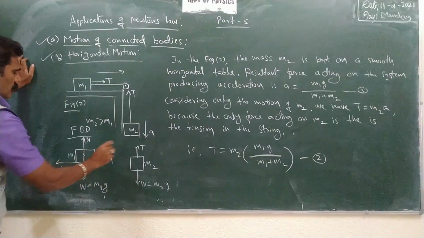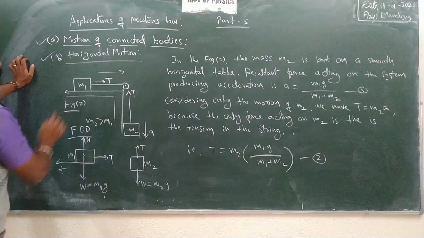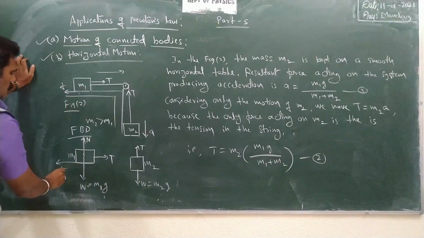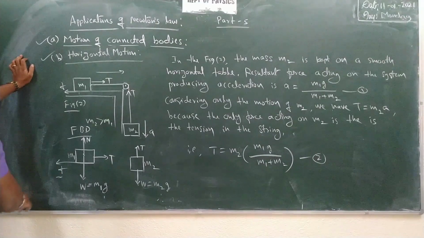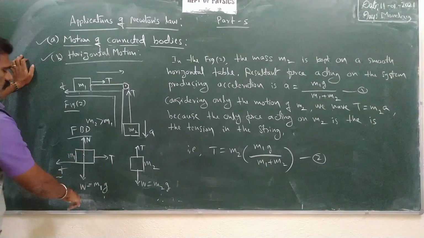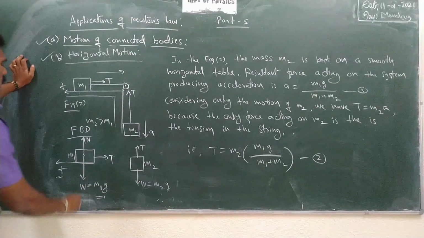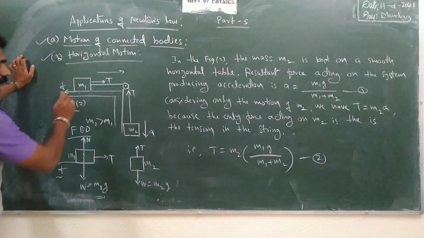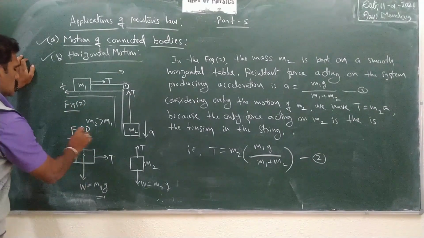Tension is the pulling force, and it is opposed by friction, let us say acting between the two surfaces, small f. If there is any friction, then you have to consider it, otherwise f is equal to 0. And then the weight of m1 is always downwards, that is m1g, and this weight is compensated by the normal force in the opposite direction, the normal reaction. So these are the forces acting on m1.